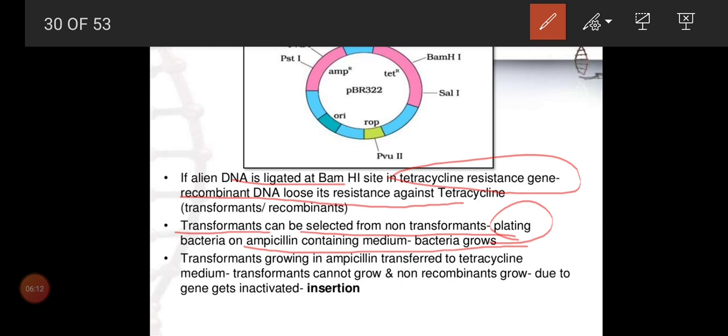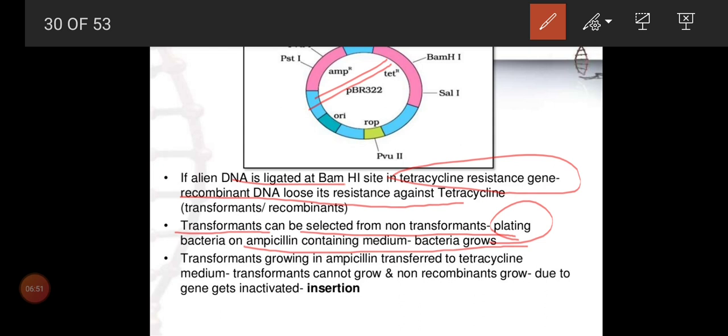Because this vector containing recombinant DNA possesses the ampicillin resistant gene. When we add ampicillin antibiotic to one Petri plate, these bacteria will grow. The growth of the bacterium won't stop. Why? Already pBR322 has the antibiotic resistant gene, the ampicillin resistant gene, so it can grow even when we spray antibiotics like ampicillin.